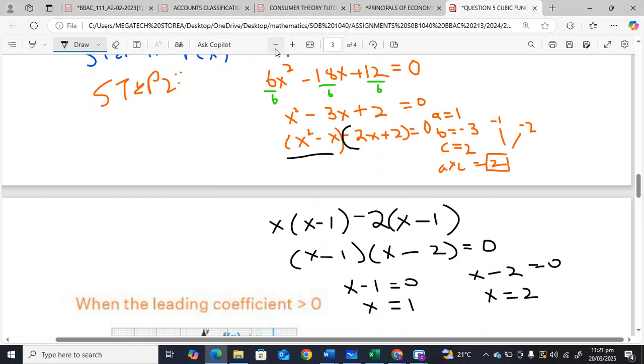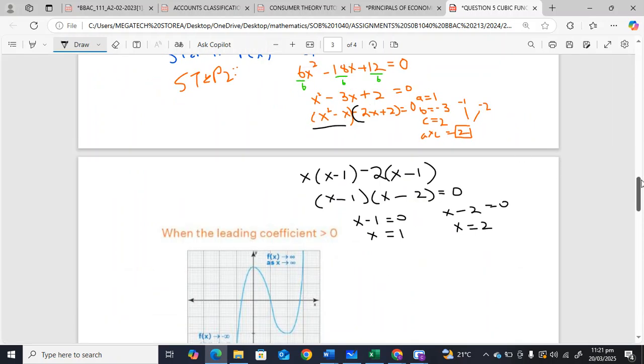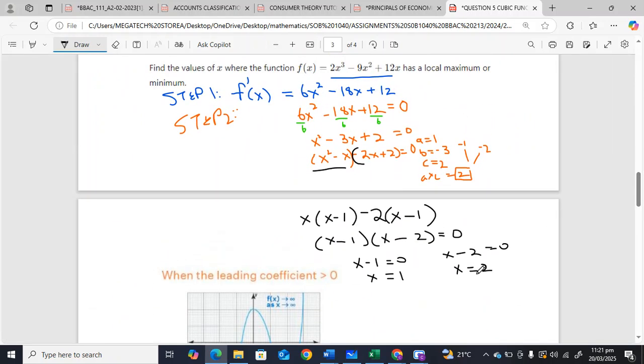Yes, we get the second derivative. Since we've used this one here, you can also use this one here.